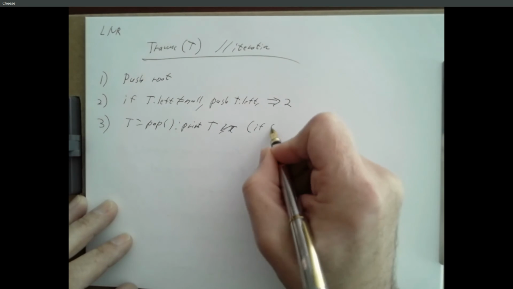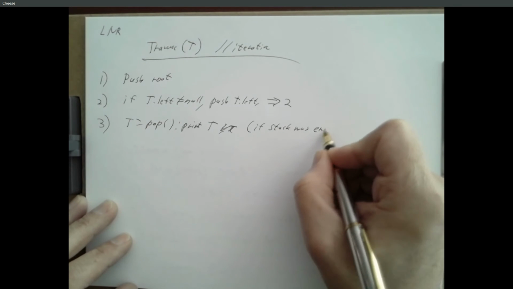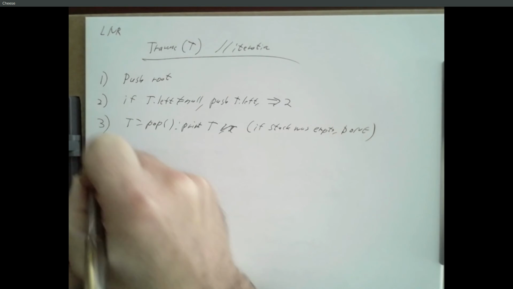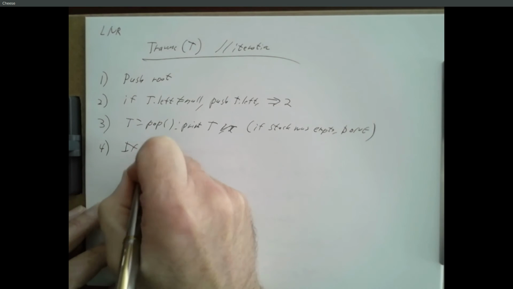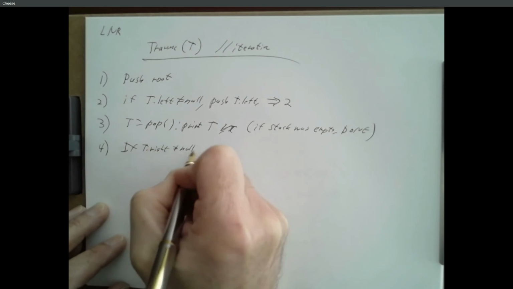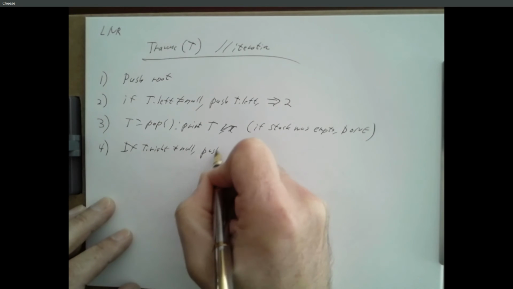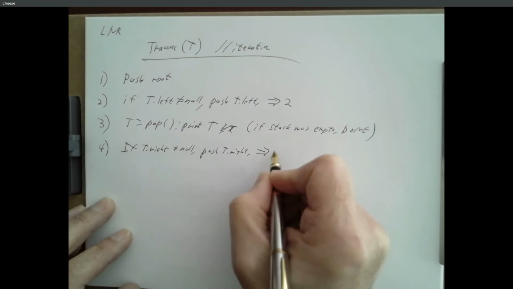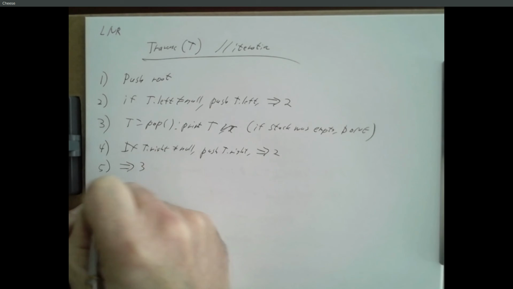But if the stack was empty, then you're done. Okay, step 4, if t right is not null, then push it and go back to step 2. Step 5, go back to step 3.